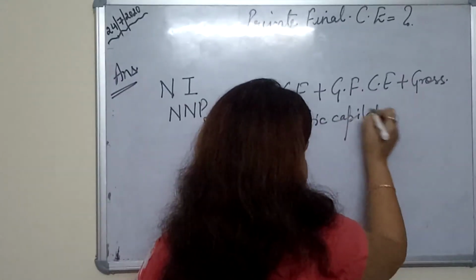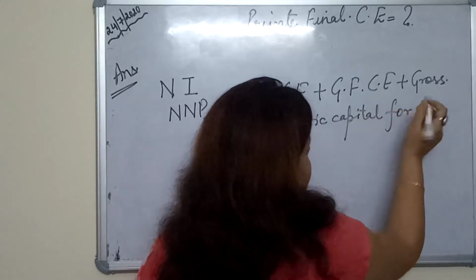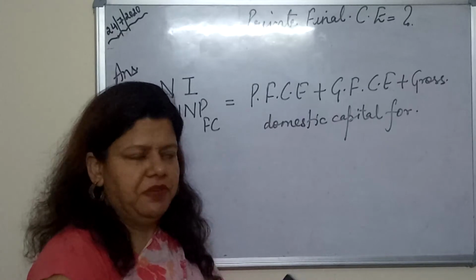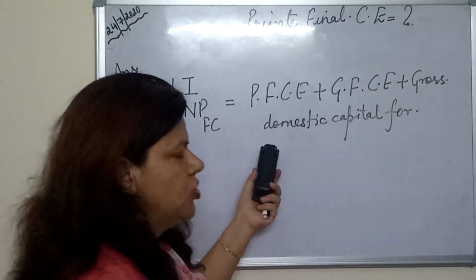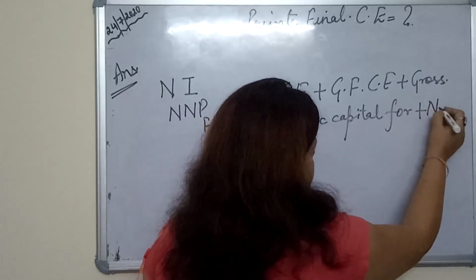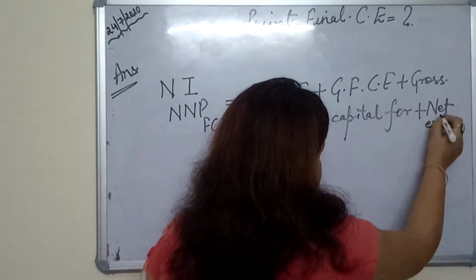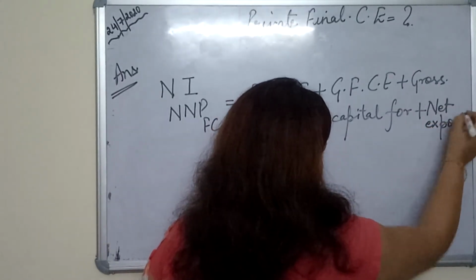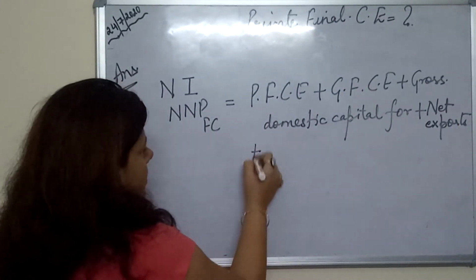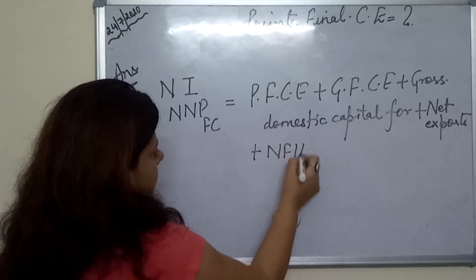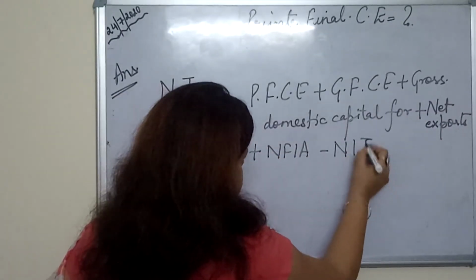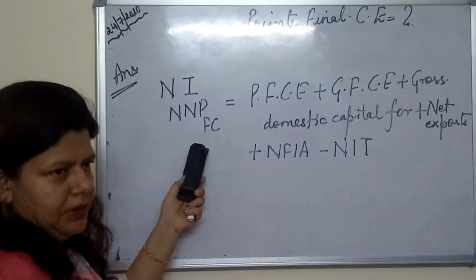If in the question it is given as fixed, then you have to add change in stock because fixed and change in stock are given differently. But if it is given gross domestic capital formation, then we will not add anything else. Then plus NFIA and minus NIT because it is at factor cost.